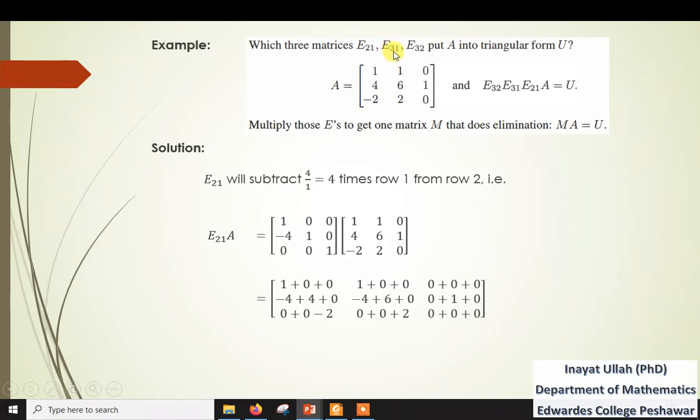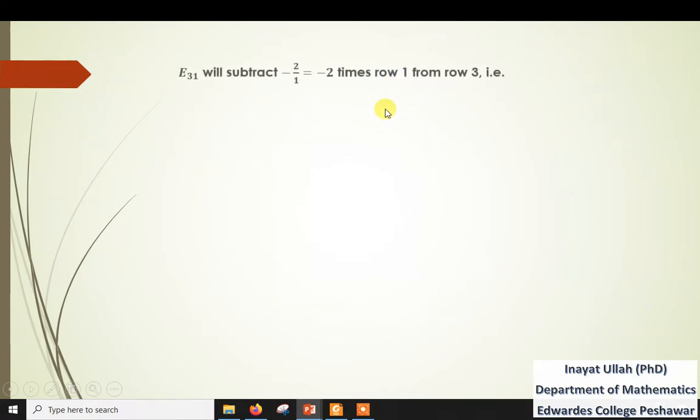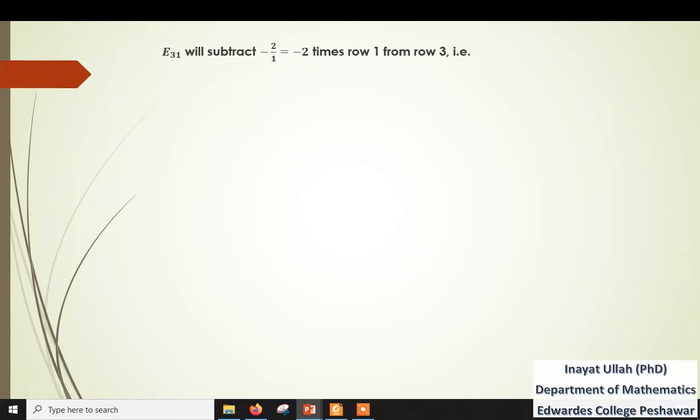The first number of row 3 divided by the first number of row 1 is minus 2 by 1. So E31 will subtract minus 2 by 1, which means minus 2 times row 1 from row 3.